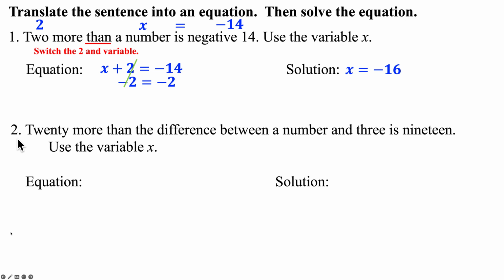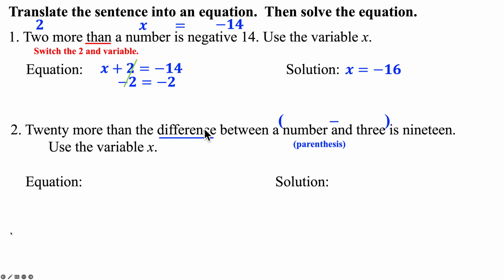Okay, number 2. 20 more than the difference between a number and 3 is 19. So use the variable x. So wherever we see the word number, we're going to change that to an x. So the first thing is the word difference. That means we're going to need a set of parentheses where the word and is going to be the minus sign.